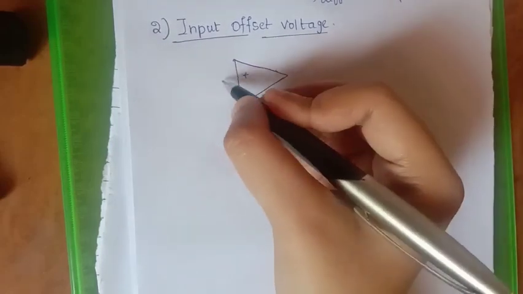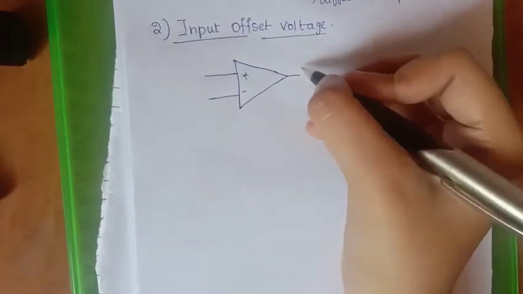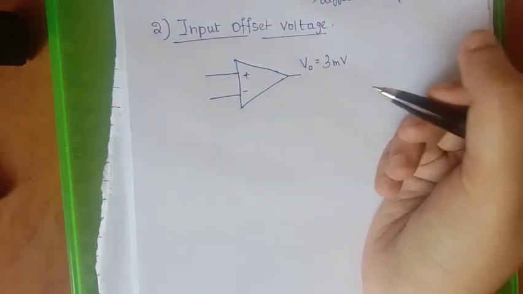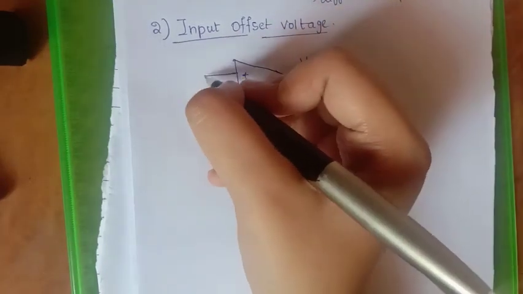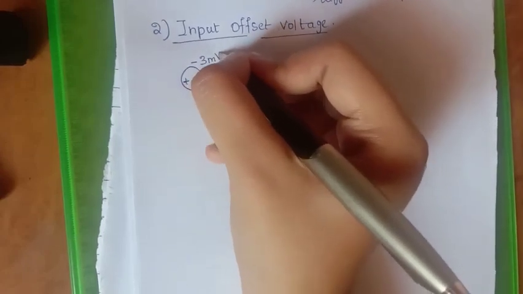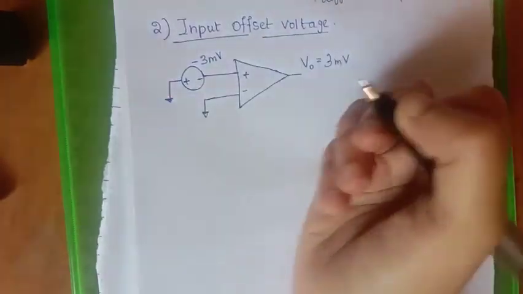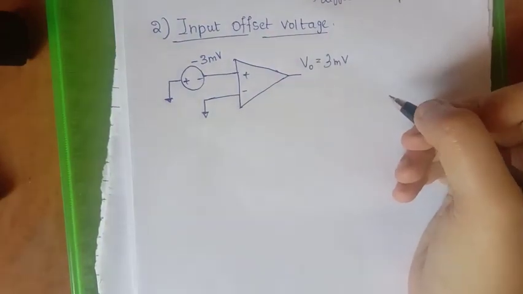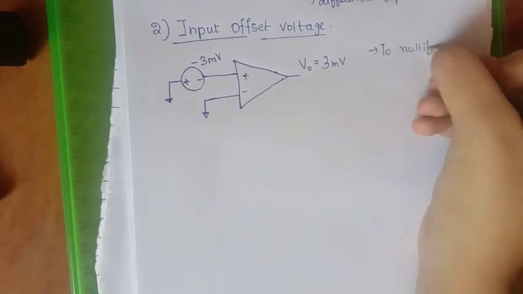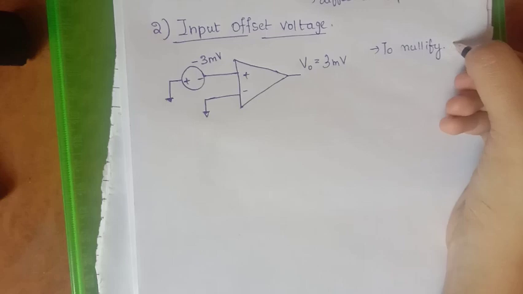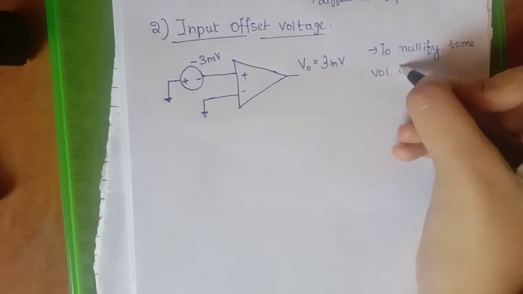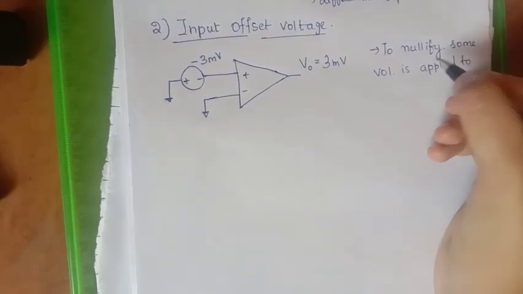Next, let us see the input offset voltage. If both inputs are grounded, ideally the output must be 0. But to nullify this, if the output is, for example, 3 millivolt, we apply the negative of that voltage, that is, to nullify the small voltage present at the output, we give the negative of the same voltage to either one of the two inputs.